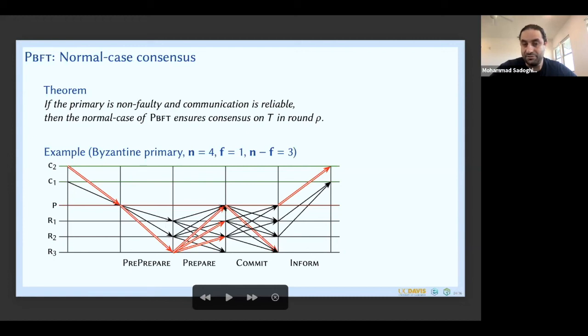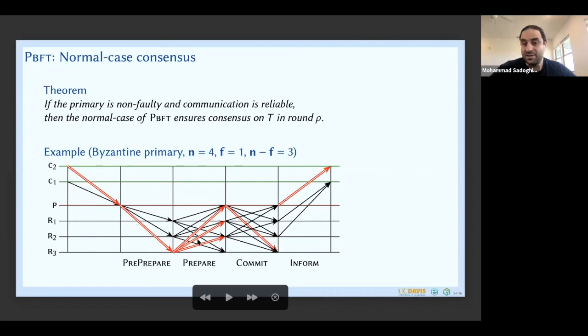So it's still getting 3 messages. So the progress can be made. The primary is also sending its own prepare message and its own commit message. Primary is also a replica. So if the primary just tries to disrupt R3, all the other nodes can make progress and they will be consistent.